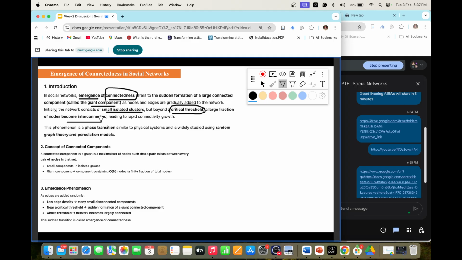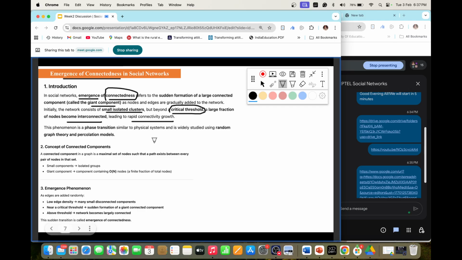But after a certain threshold, it will become a large community, because there will be more betweenness centrality in between, and nodes will connect in between communities or clusters. So by that, these small isolated clusters will become a large fraction of interconnected nodes, leading to rapid connectivity growth. So that is known as emergence of connectedness.